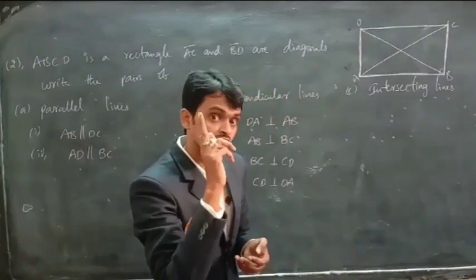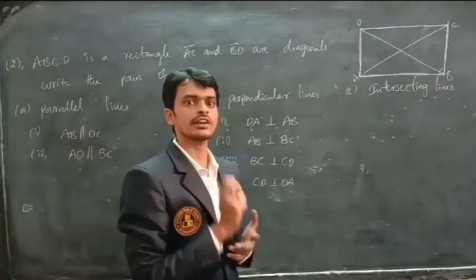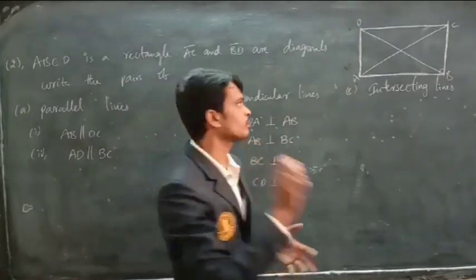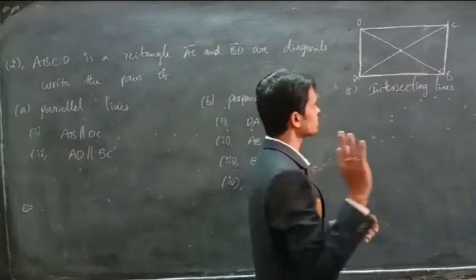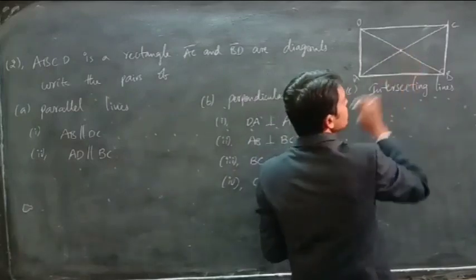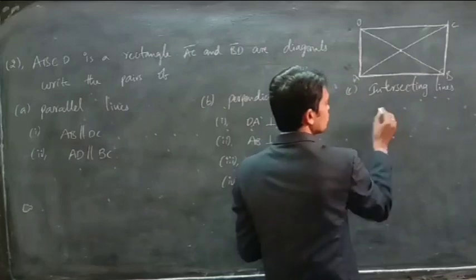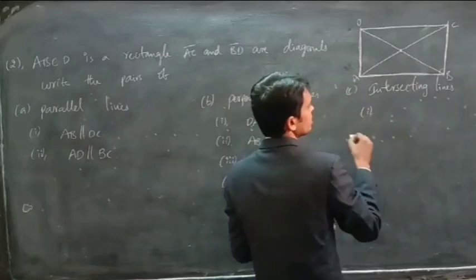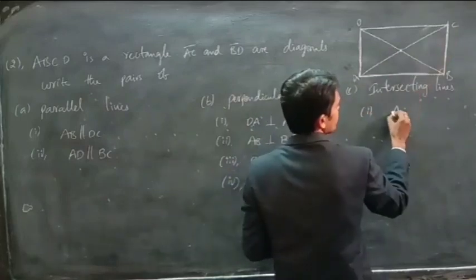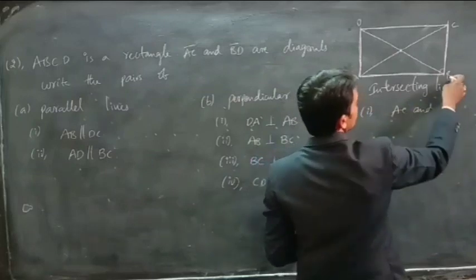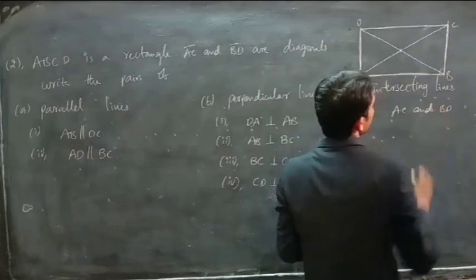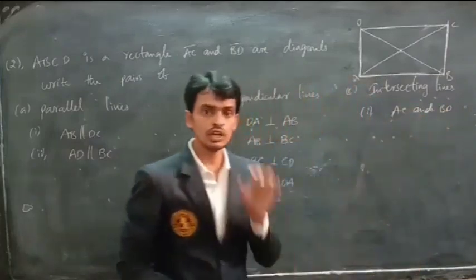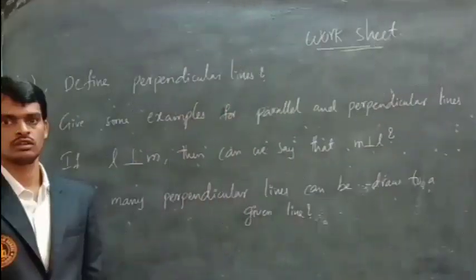At the diagonals of the rectangle. Only one pair is there: AC and the other diagonal BD. So AC and BD are the only pair of intersecting lines.